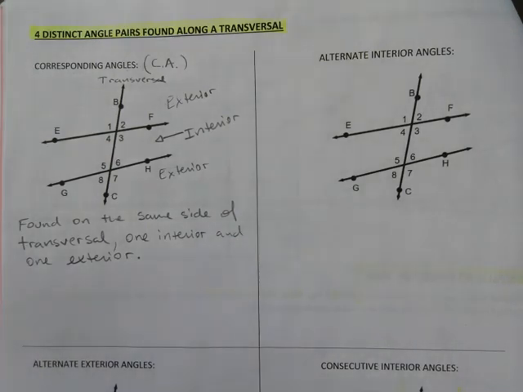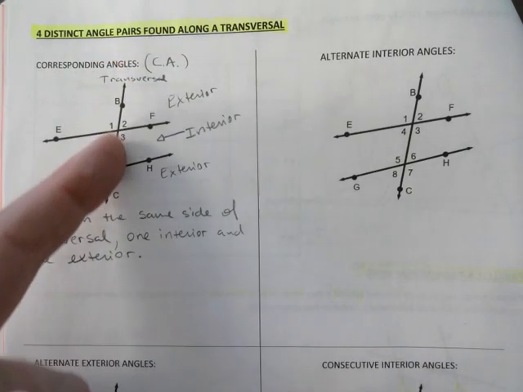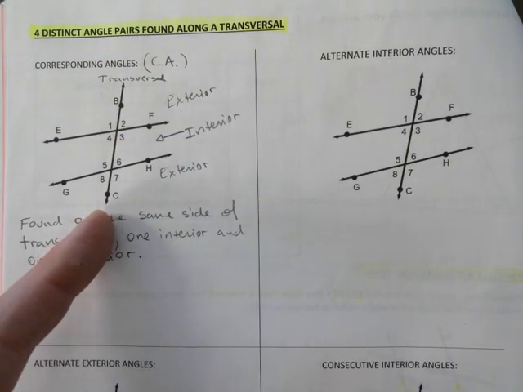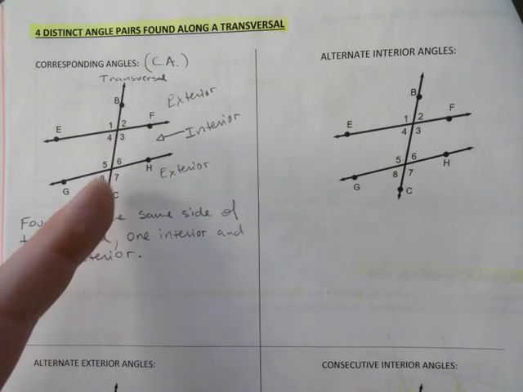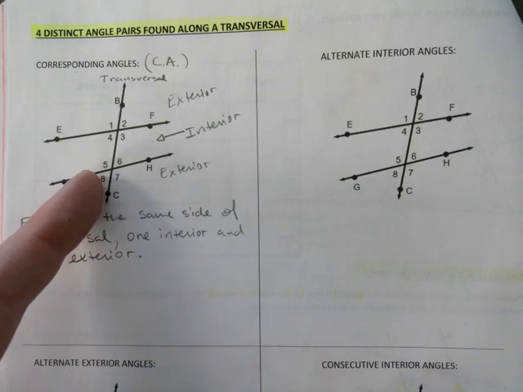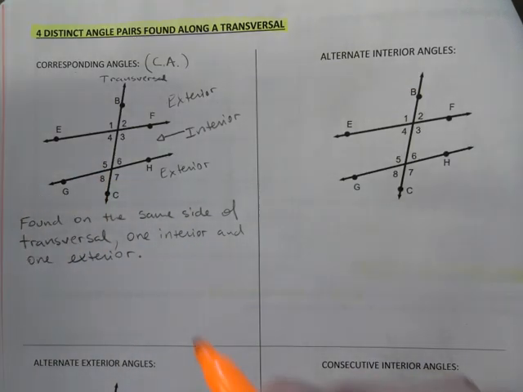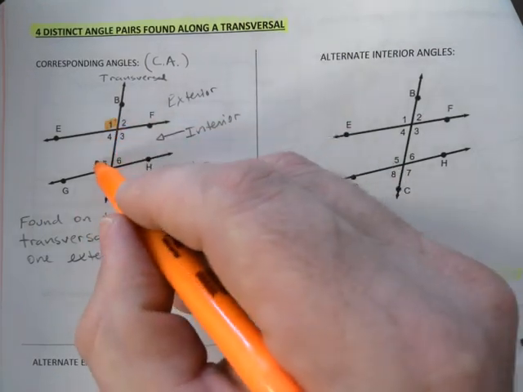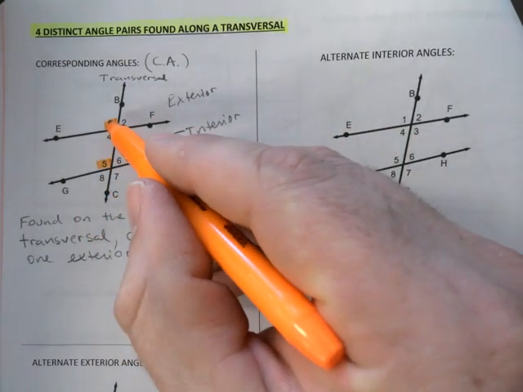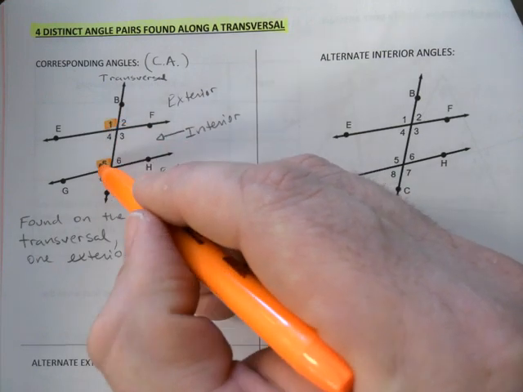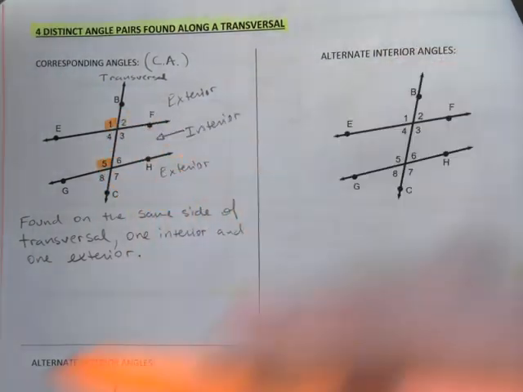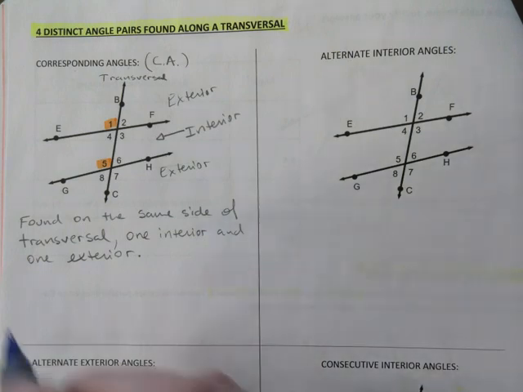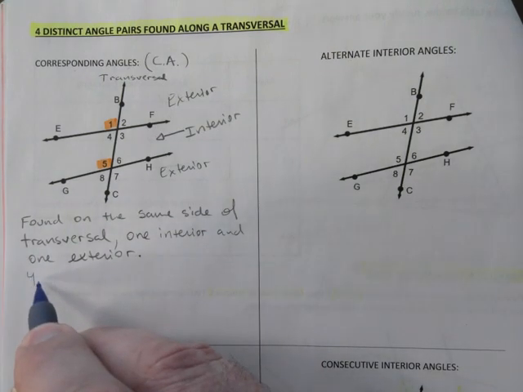Okay, so I will highlight. If you have a highlighter, focus on the transversal. When you want corresponding angles, they're on the same side of the transversal, one inside, one outside. So in this particular case, 1 and 5. One is outside, one is inside. Those would be considered corresponding angles. So let's write it down here. 4 pairs in this case.